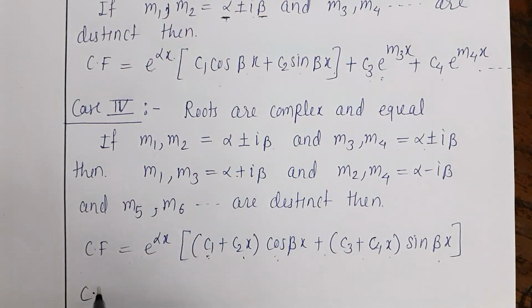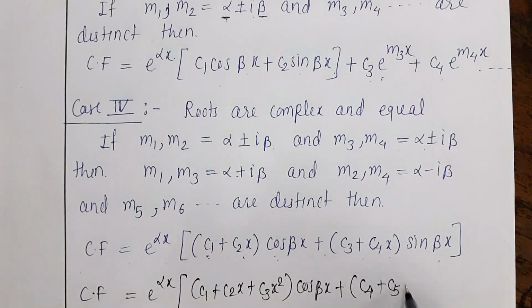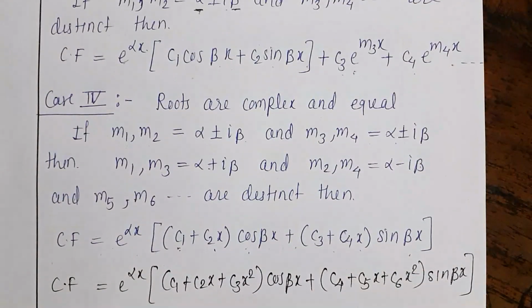It is e to the power alpha x (c1 plus c2x plus c3x square) cos of beta x plus (c4 plus c5x plus c6x square) sin of beta x. So this is the CF if three pairs of imaginary roots are equal.